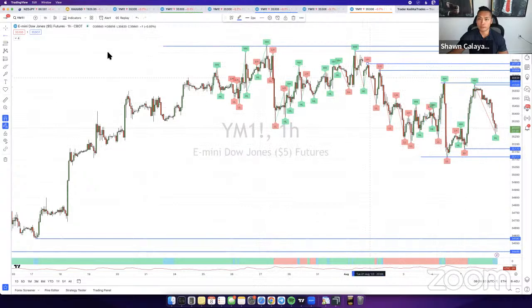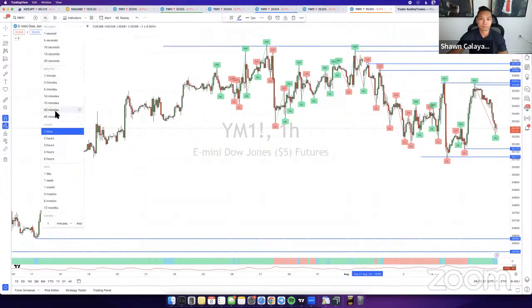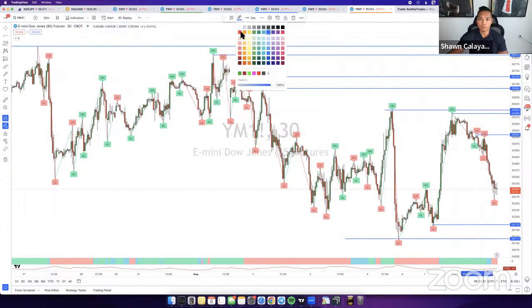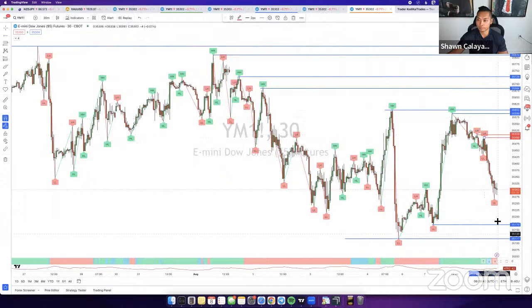Here goes the 1 hour. Let's go down to the 30-minute. Change it to red. These are now low level liquidities.